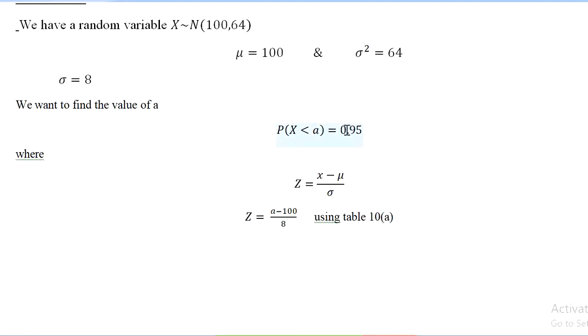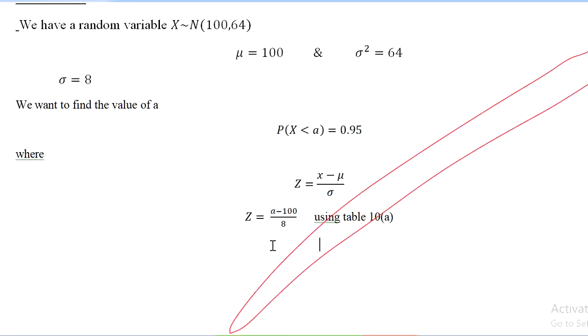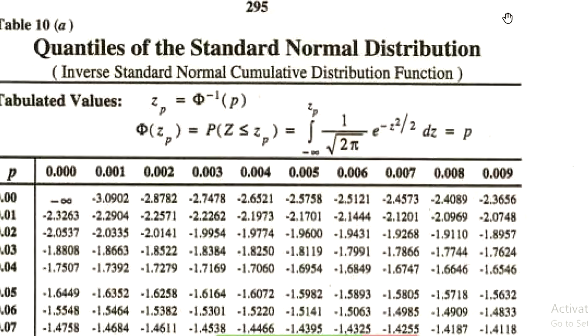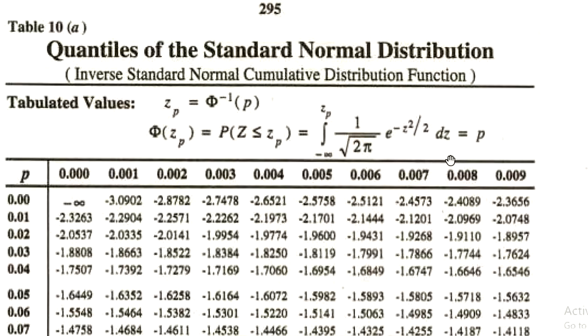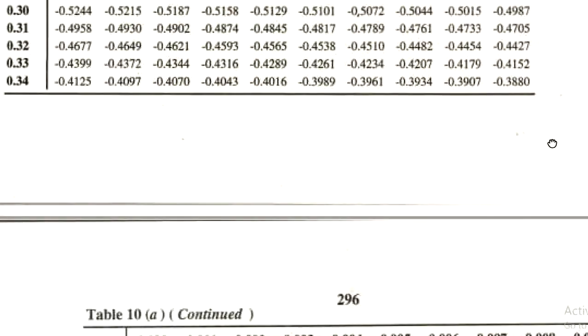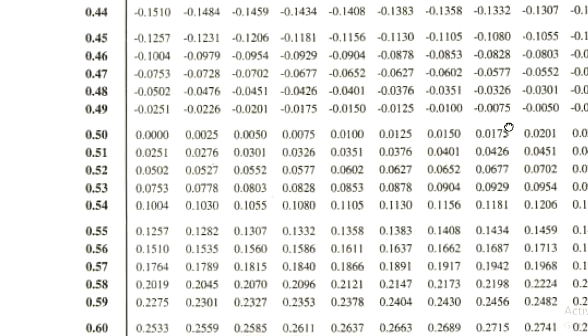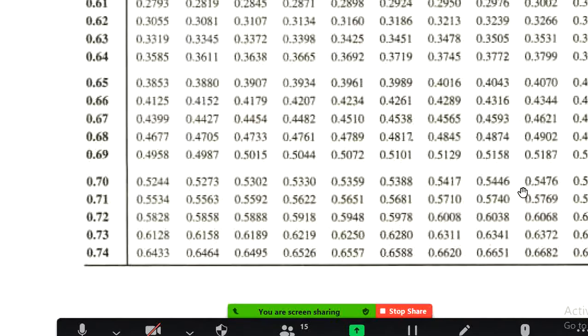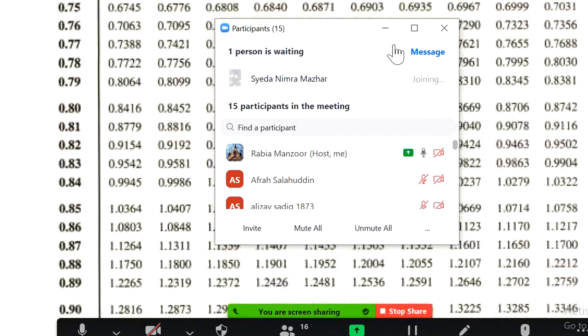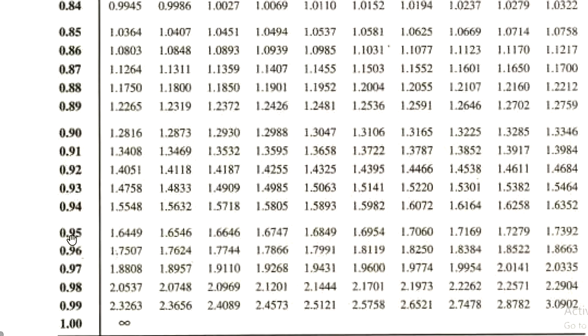सो वी हैव प्रोबेबिलिटी, दैट्स व्हाई वी आर यूजिंग टेबल नंबर 10a. अगर मेरे पास x की वैल्यू होती तो मैं टेबल नंबर 9 यूज करती. ऑलराइट, आई एम यूजिंग टेबल नंबर 10a. 0.95 को मैंने जीरो में देखना है, दैट इज 1.6449.